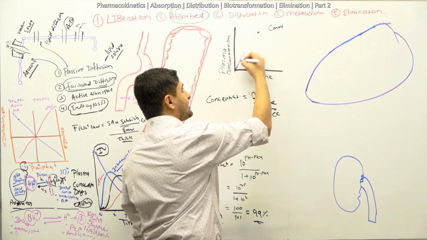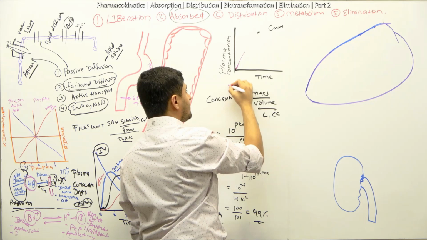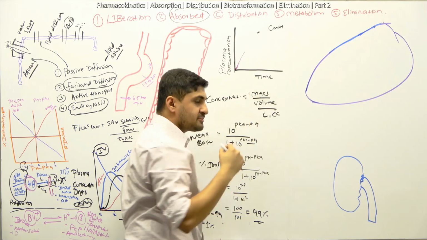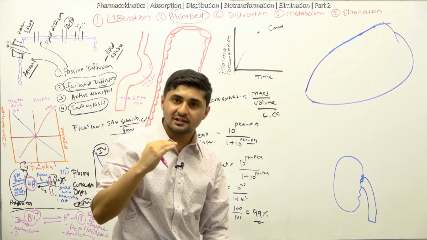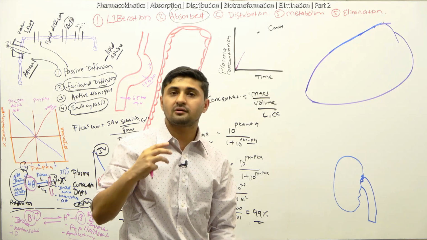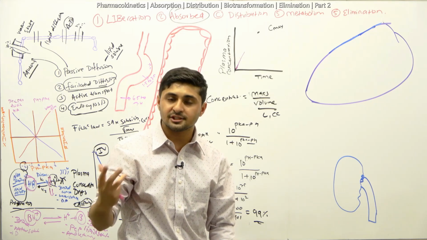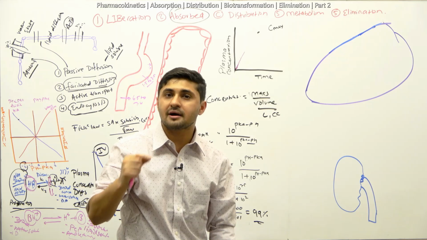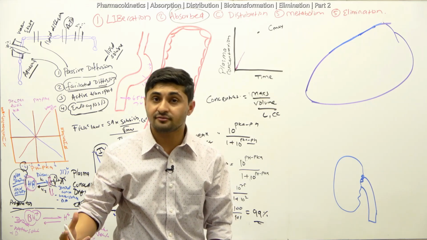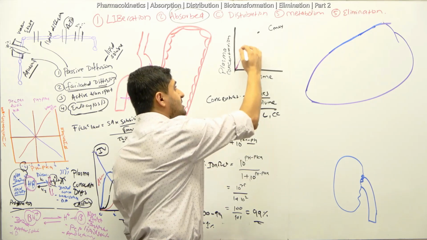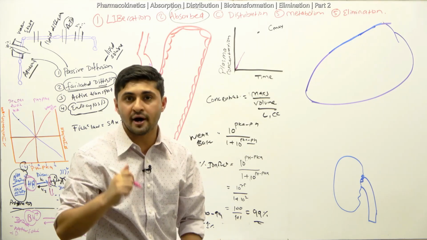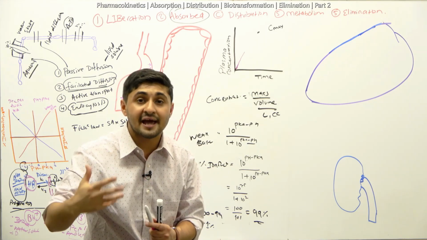Let's use an example. Let's say this person needs to take at least 100 milligrams of this drug, like, I don't know, aspirin. But if you give only 5 milligrams, it may not have any effect at all because there is a certain threshold required for that to have any action, right?